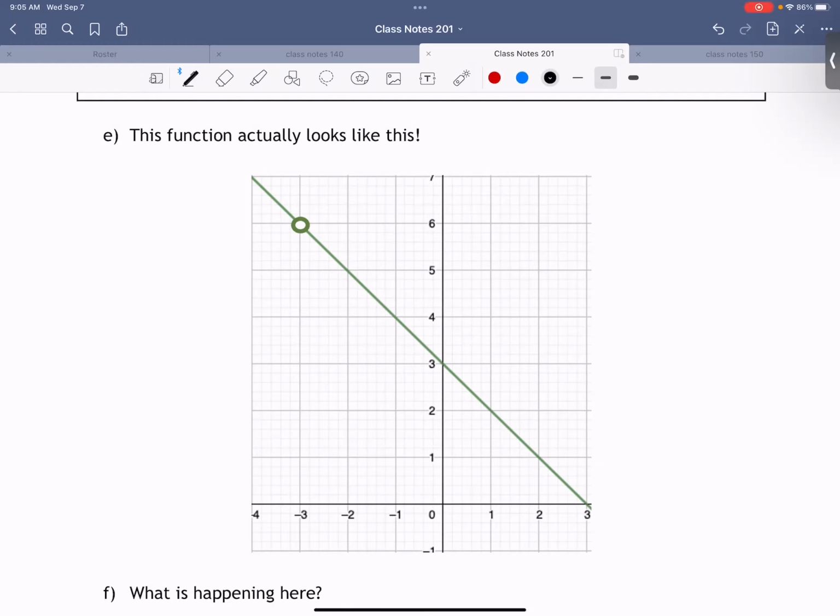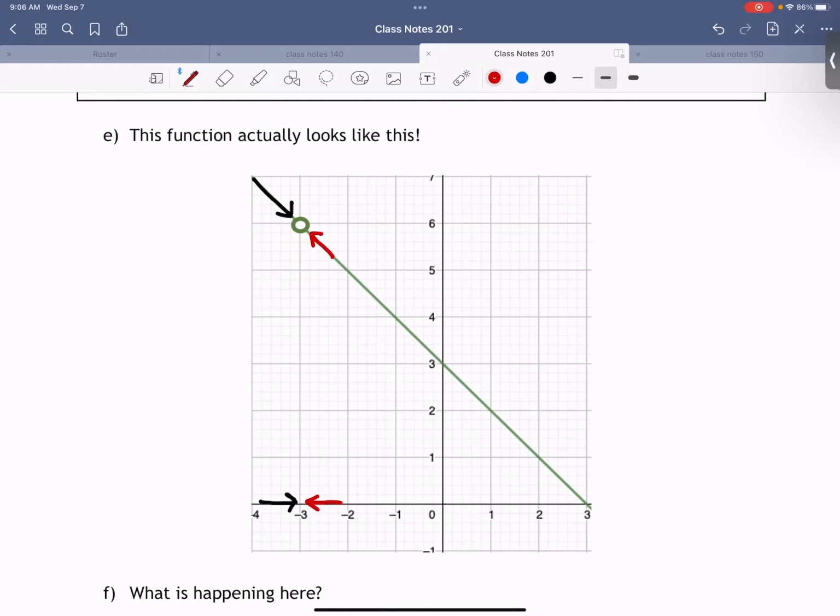And taking a look at this, we plugged in x values from the left-hand side, getting closer and closer to -3. And as we went from the left and got closer to -3, the y values got closer and closer to 6. As we went from the right and got closer x values to -3, our function also got closer to 6.